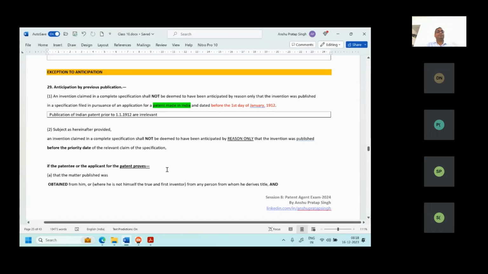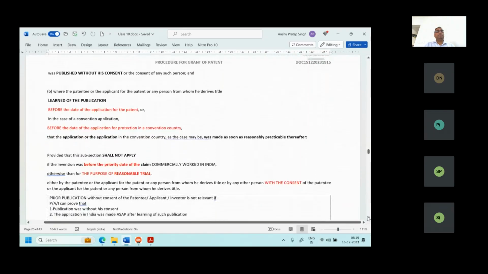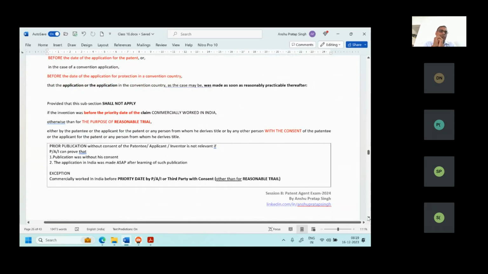Then comes, suppose there is a prior publication, but I am proving that it was not with the consent of the patentee, applicant, or inventor.